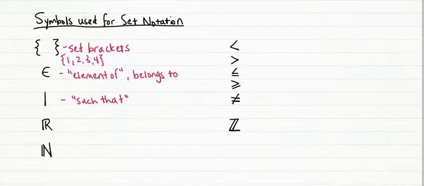At the bottom here are some different symbols that are used to represent different sets of numbers in math. So this fancy R represents the set of real numbers. That's used for when we're talking about continuous sets of values. This fancy N represents the set of natural numbers.